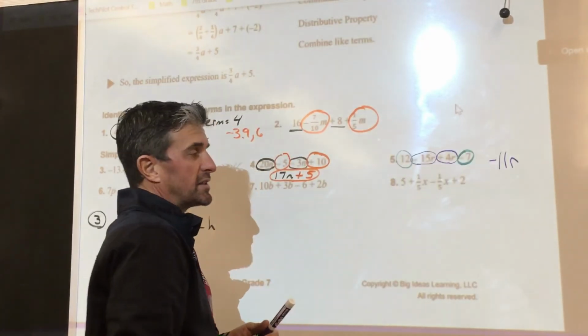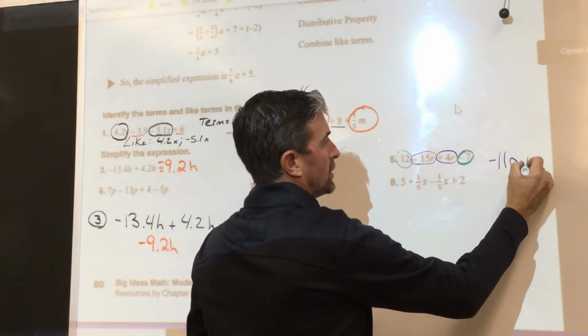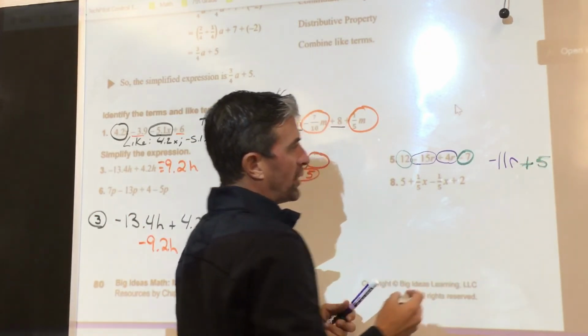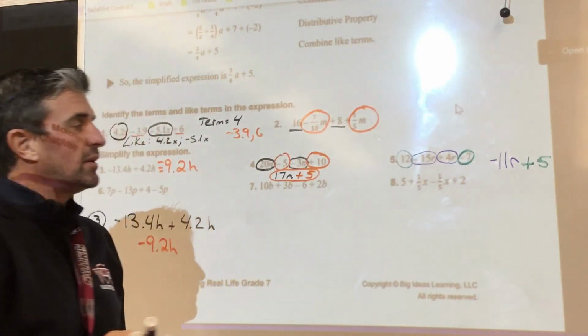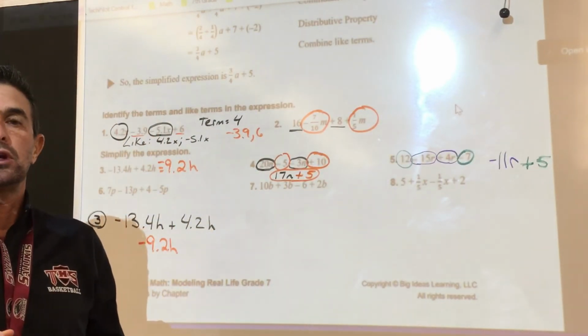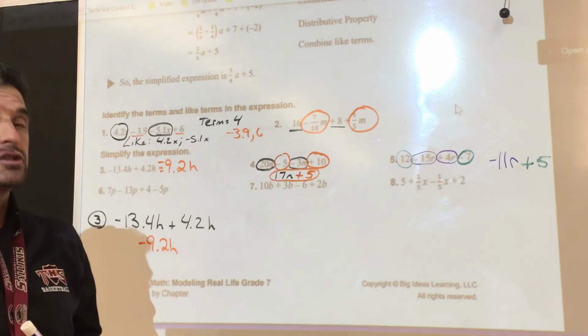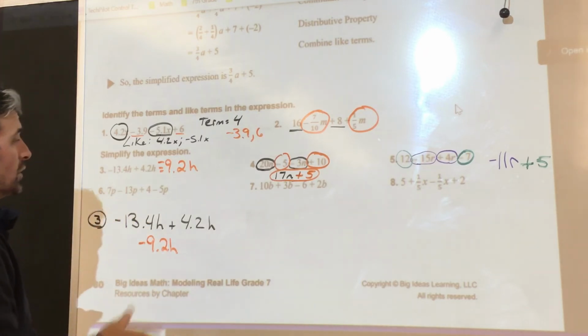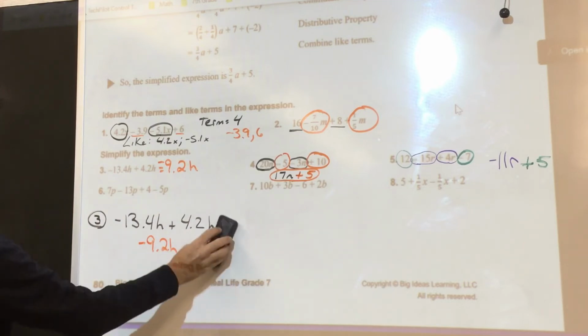So we know 12 minus 7 is 5, positive. So your answer is negative 11r plus 5. Can you go any further? The answer is no. If you go further, then your answer is going to be wrong. Okay? So that is the correct answer there.